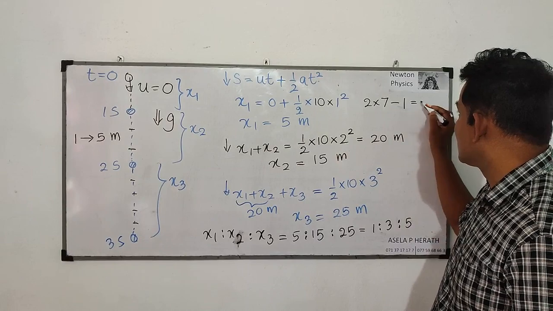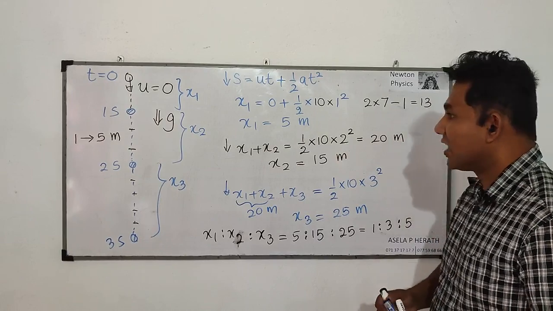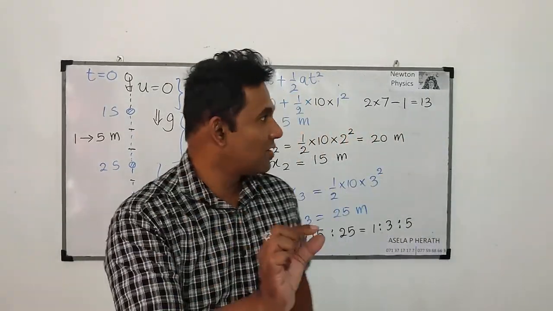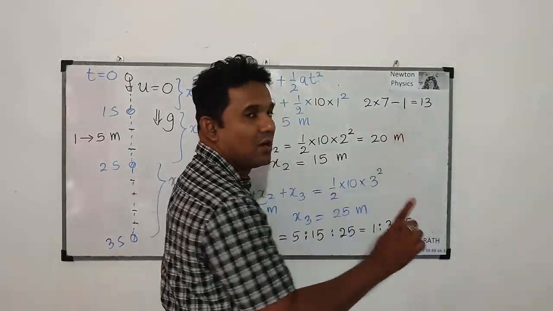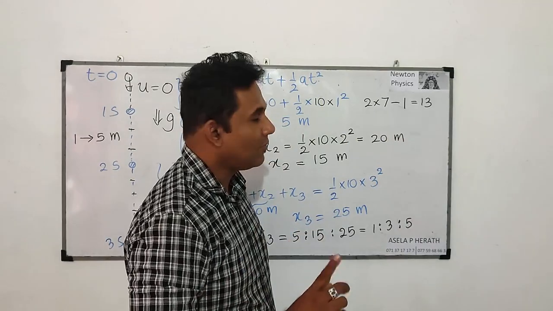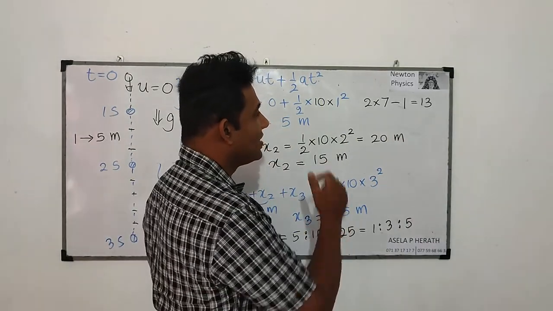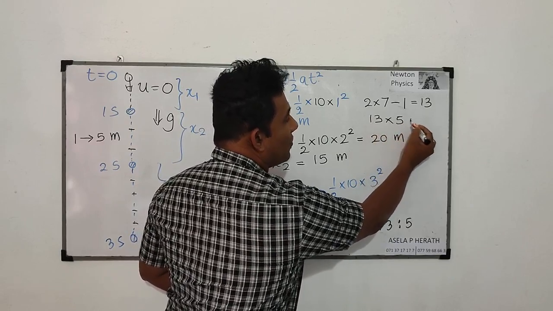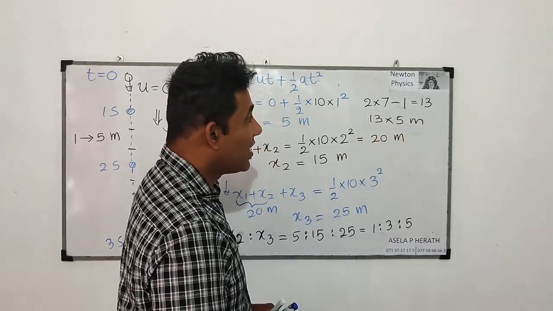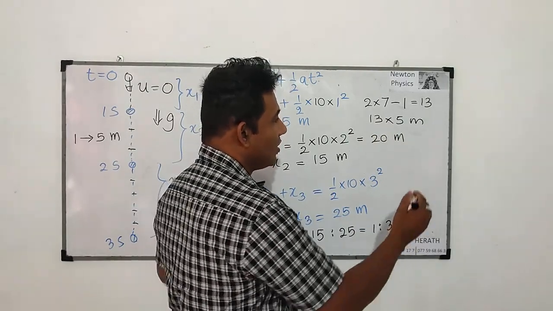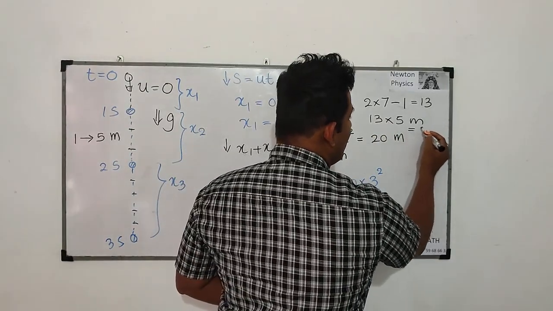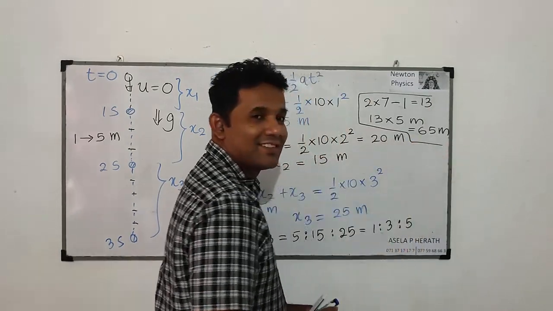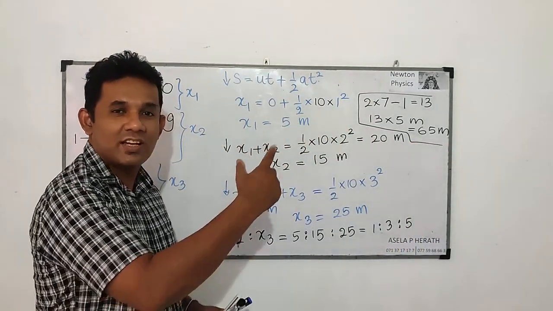And we took it as 13. That means in terms of divisions, it falls 13 divisions in the 7th second. That means the total distance becomes 13 into 5 meters, which has fallen in the 7th second. It becomes 65 meters. And you can practice the same procedure for the others.